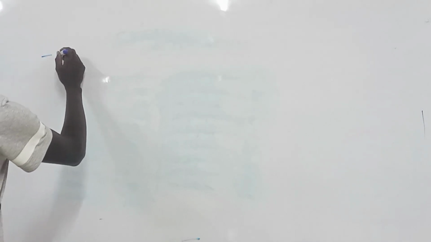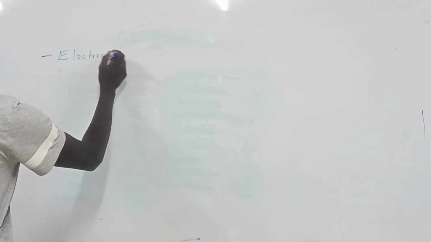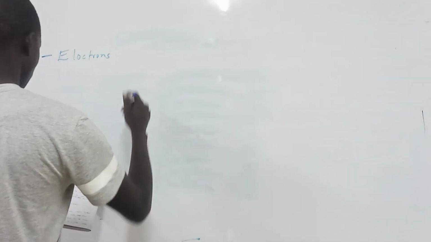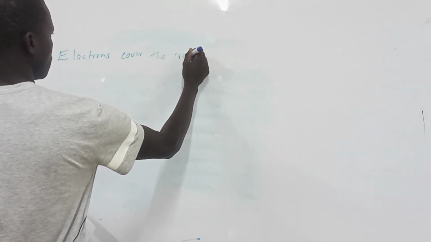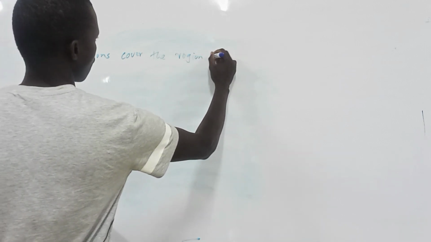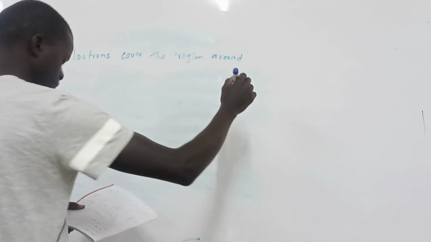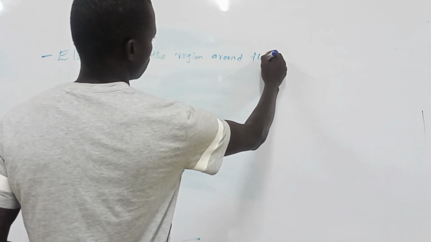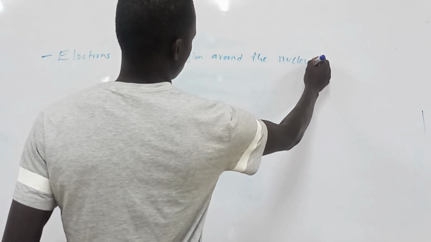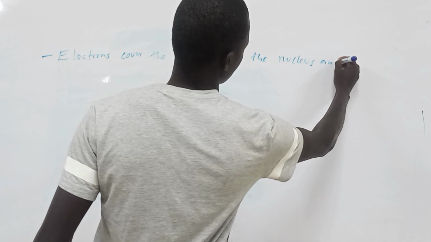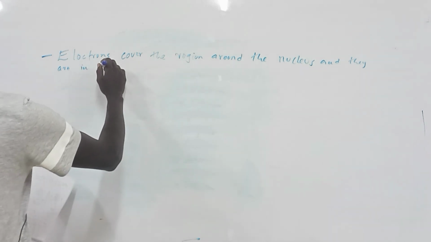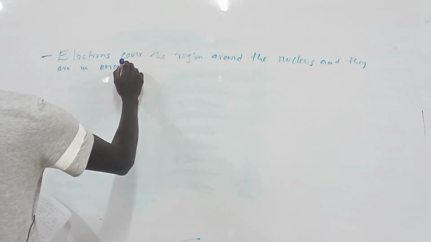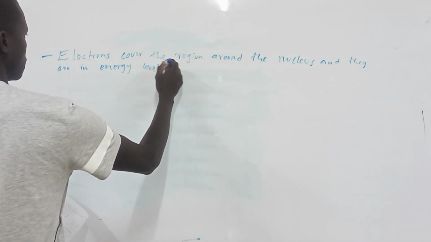So, electrons cover the region around the nucleus and they are in energy levels or orbitals.